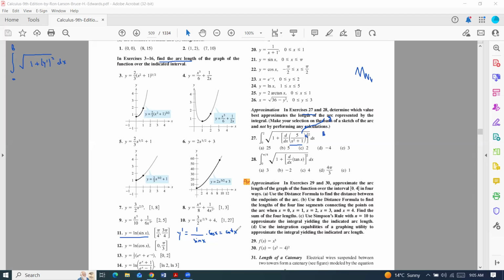And this is great. So what do we have for our integrand then? Well, it looks like we're getting something like 1 plus the square of cotangent, right?